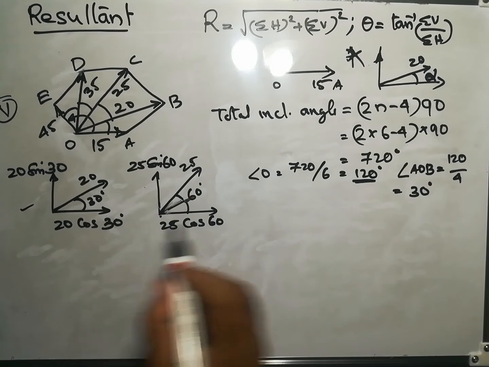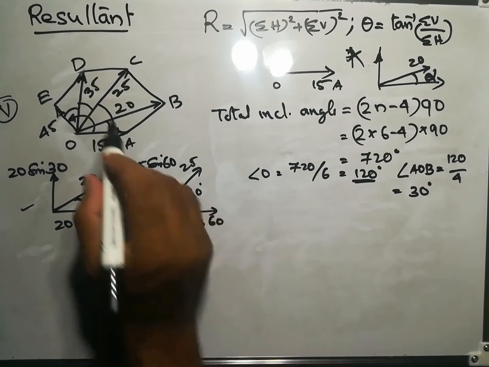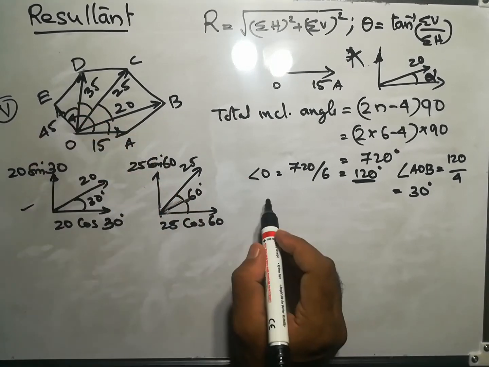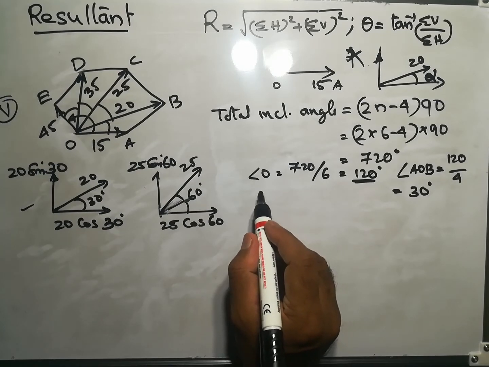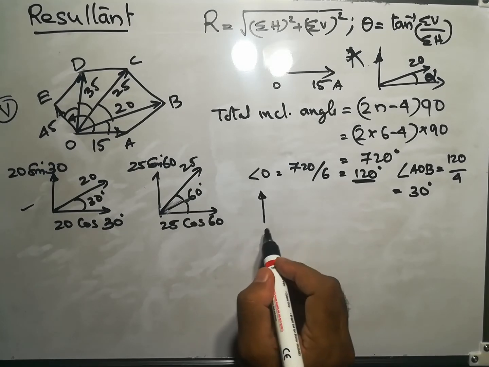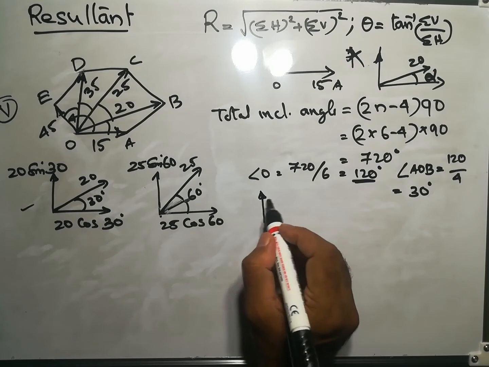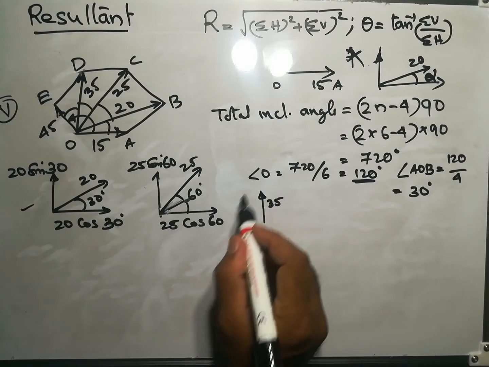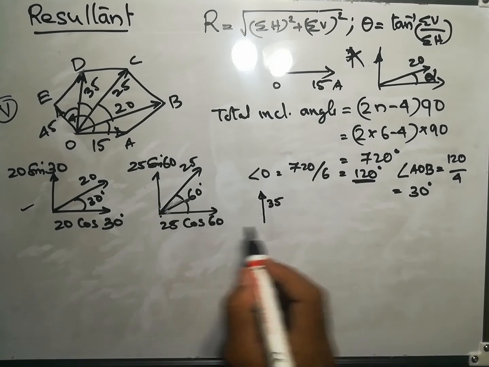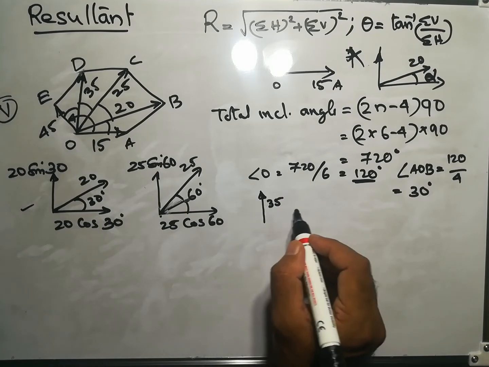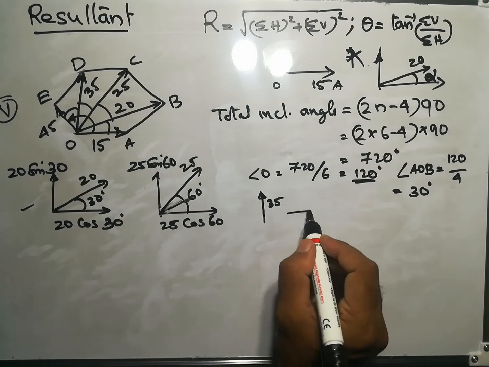Then coming to the next force, that is 35 Newton, acting in the vertical direction. That means it is only having one component, that is vertical, and no horizontal component.